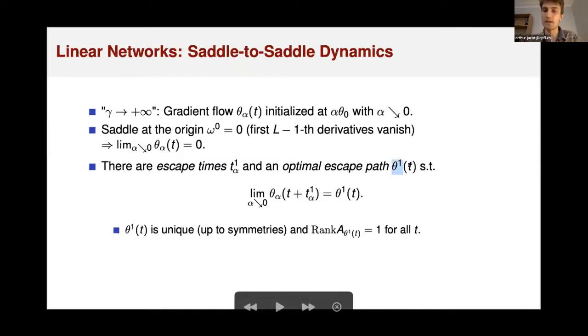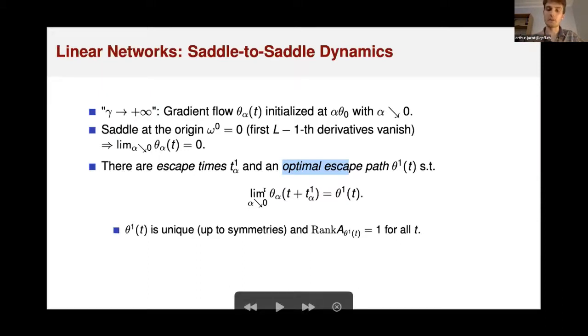And this path is unique in the sense that it escapes this saddle at the origin the fastest possible. This is kind of a formalization of some intuition that you may have, that if you initialize very close to a saddle, you will naturally escape the saddle along the direction which escapes the fastest.